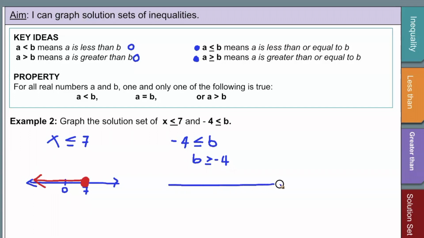Let's draw an arrow starting from -4. Start with a dot or a closed circle, and then draw the arrow to the right of -4. The solution set of -4 less than or equal to b is an infinite set of all numbers greater than or equal to -4.